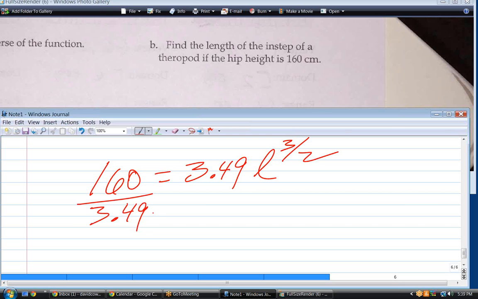Notice that if I divide by 3.49L, what happens to this 3 halves that's sitting out there in space? It doesn't go away. I'm trying to isolate L. I'm trying to solve for L. So my first step is to get rid of everything that is affecting it. It was being multiplied by 3.49, so let's divide by 3.49. Now how do I solve this for L?